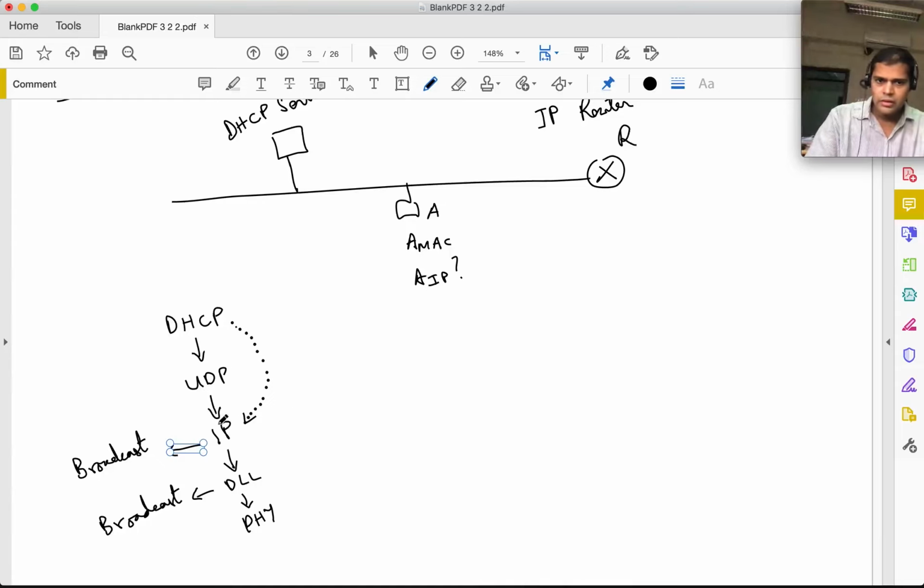And how does IP know that that particular packet has to go to DHCP? Well, because the IP packet has a protocol field which says UDP, and it also has a port number which says that the packet has to go to DHCP.